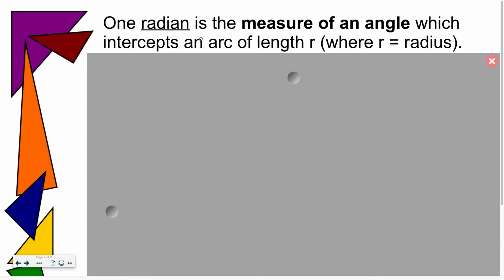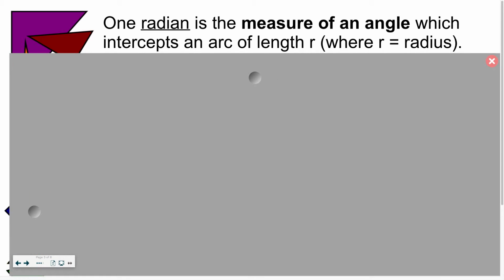But instead of degrees for an angle, we now have another way to measure. It's just called a radian. And obviously 1 radian is a lot bigger than 1 degree. Because we can get 360 degrees in a circle, but we can only get 6 and a little extra radians in a circle. Okay. And it has to intercept the arc of length r, where r is the radius.